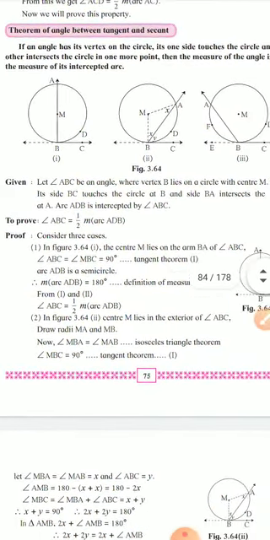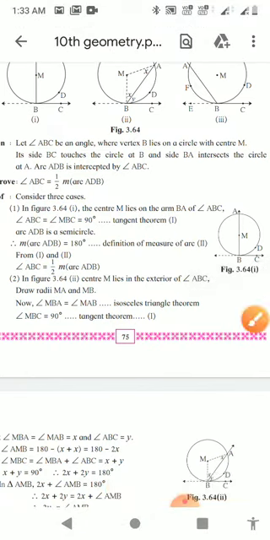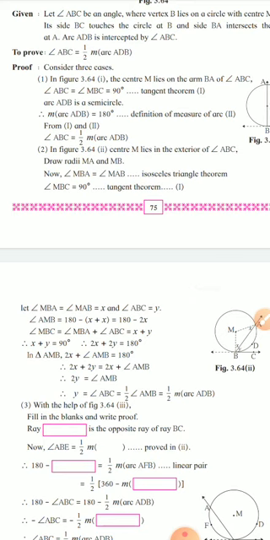Okay, now we will see the third case, for which I am going to refer to diagram number 3. In this case, with the help of that diagram, half of the proof is already done; we have to fill in the blanks and complete the proof here.